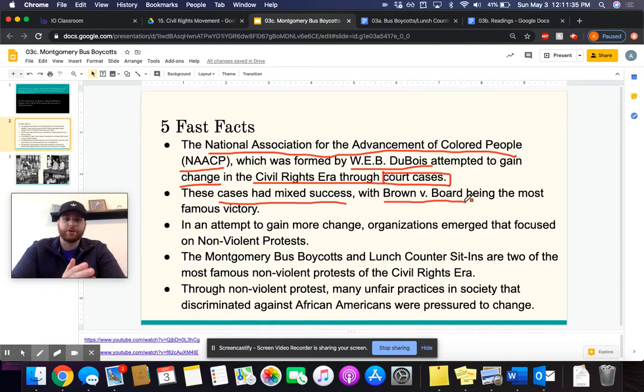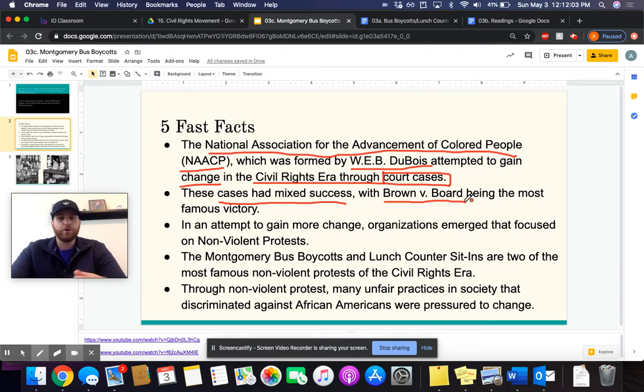Remember Plessy versus Ferguson, late 1800s: the Supreme Court rules that segregation is legal as long as the facilities are separate but equal. Brown versus Board throws that theory away. Brown versus Board says that facilities being separate but equal is inherently unequal. Once you separate people based on their race, you are treating them unequally.